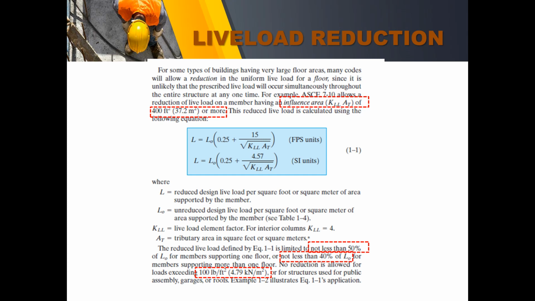So we need to reduce live load for members supporting one floor up to the limit not less than 40% of the original design live load. And no reduction is allowed for loads exceeding 100 pounds per square foot, or that is 4.79 kilonewton per square meter, or for structures used for public assembly, garages, or roofs.